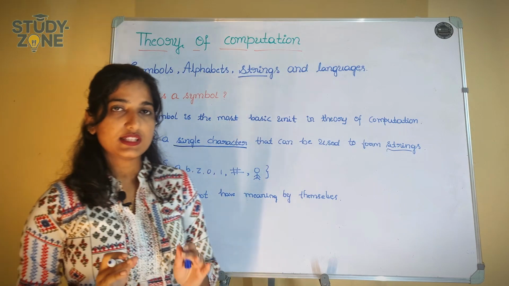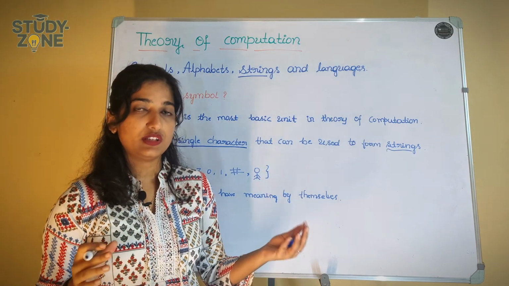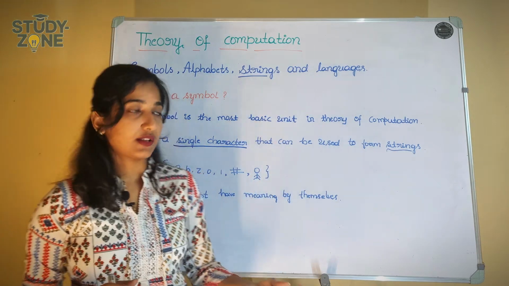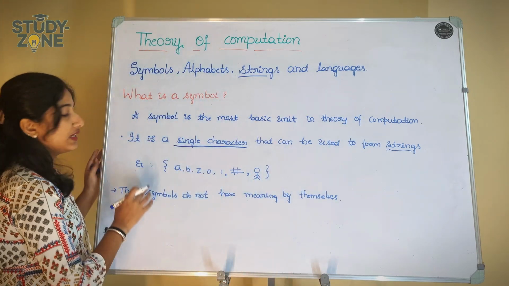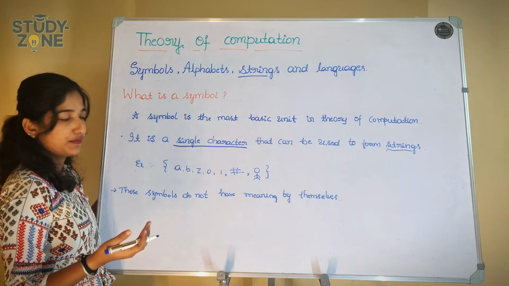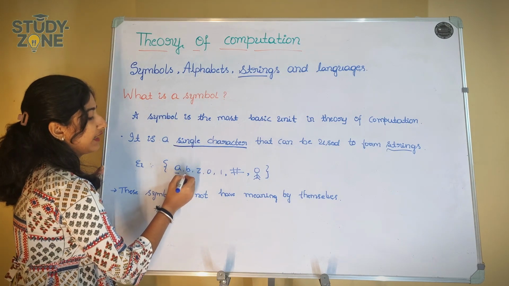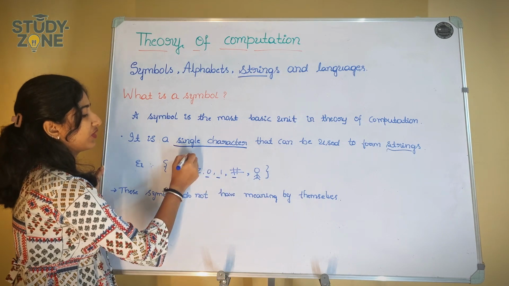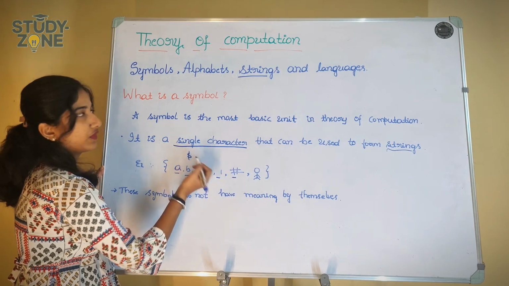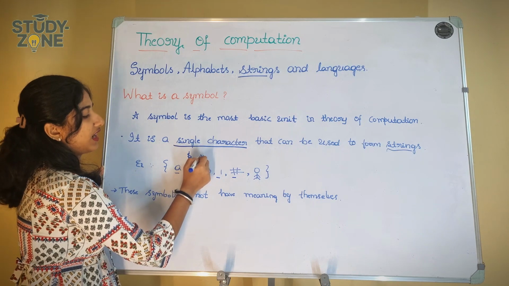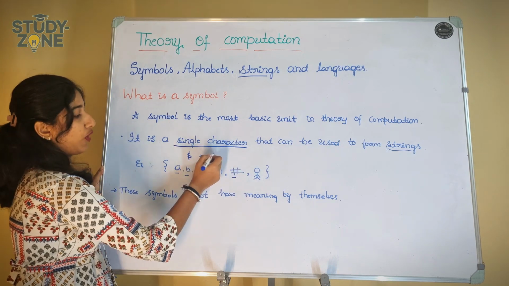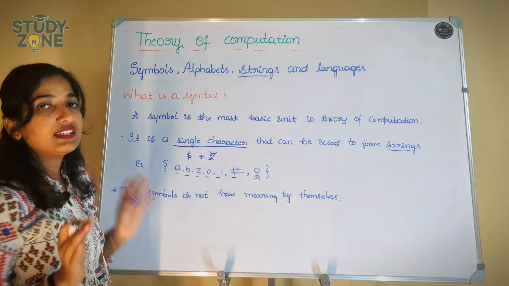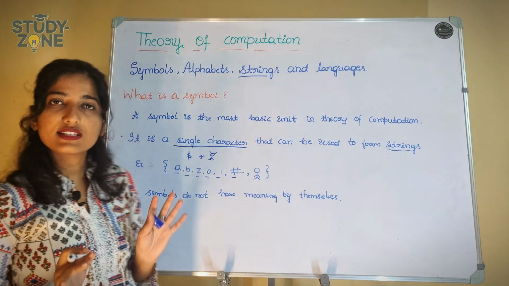We can represent symbols like A, B, Z, 0, 1, hash, dollar, star, or even a boy, and we can represent it as a girl. Anything can be used to represent a symbol.